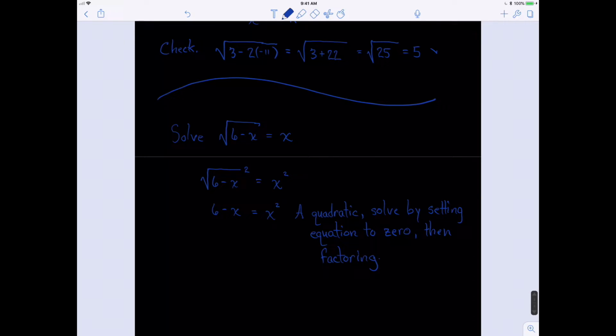Okay, so it's easier to keep the x squared term positive.